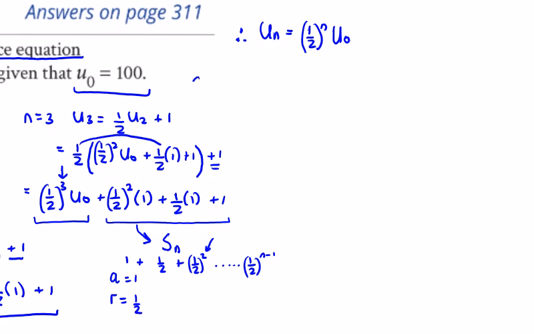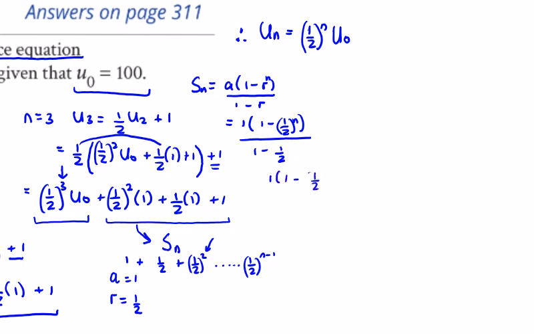So Sn is equal to a times 1 minus r to the power of n inside there over 1 minus r, which is equal to the 1 in front, by 1 minus a half to the power of n, all divided by 1 minus r, which is 1 minus a half. Now the bottom becomes a half, so we're going to get 1 times 1 minus 1 over 2 to the power of n over a half.